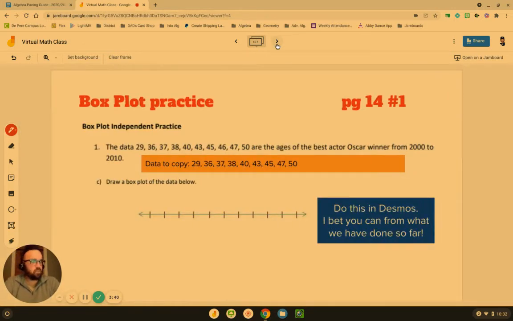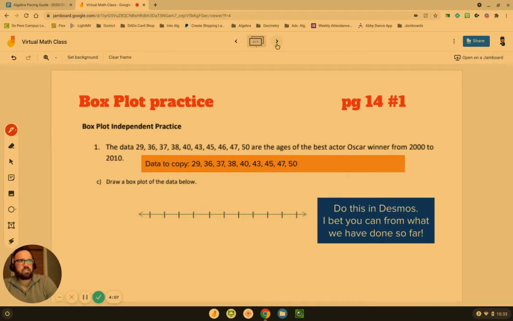All right, we're going to use page number 14 of the packet. So I am in your stats packet, page 14. Again, you don't have to print it out if you don't have access to a printer. I mean, it's helpful, but you don't have to. And then what you're going to also want to make sure that you do is at least jot these down so that you can figure out how to enter them into Desmos when that time comes.